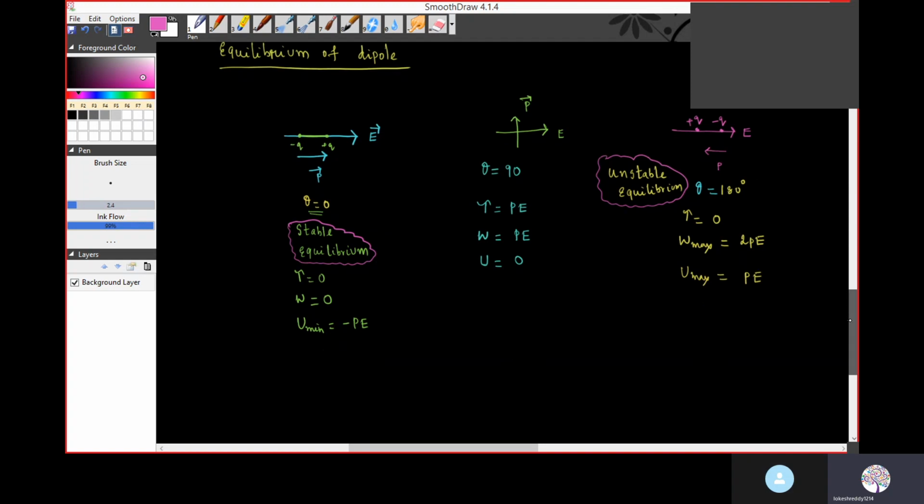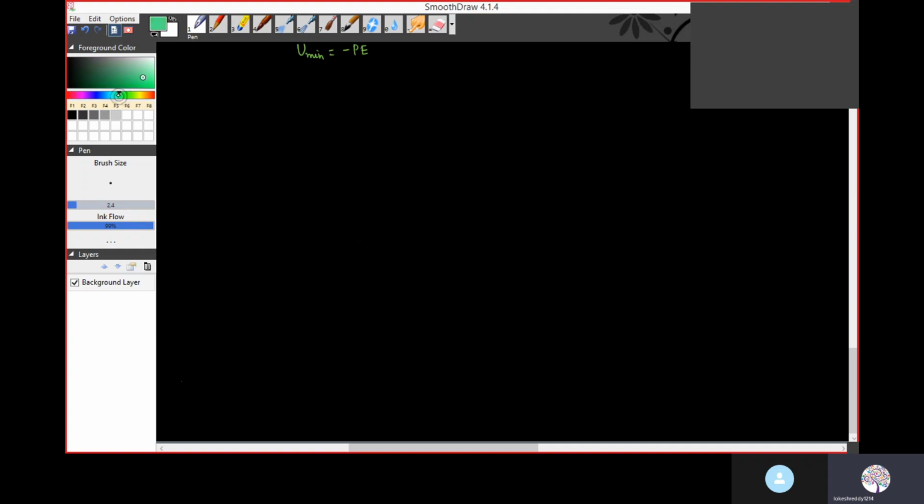And next one is angular SHM. Now, in uniform electric field, if a dipole is slightly displaced, then it will make some oscillations from its equilibrium position, and the time period is equal to 2 pi root of I by PE, where I is the moment of inertia.